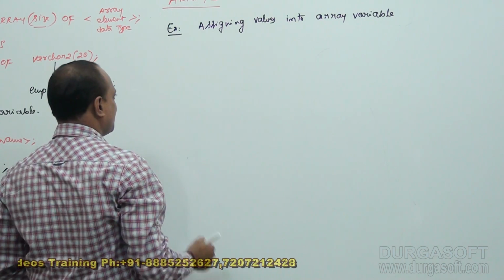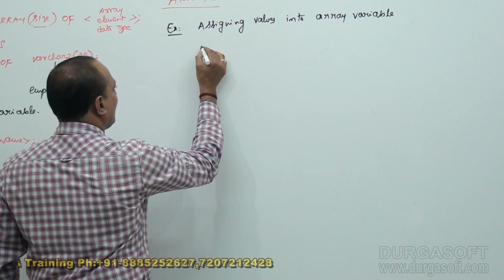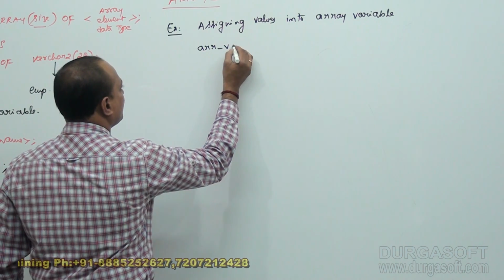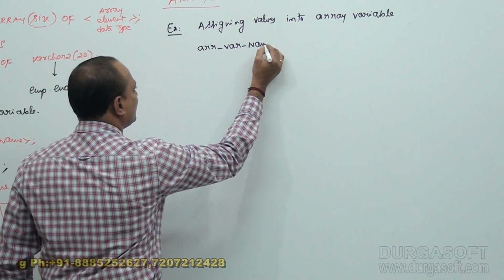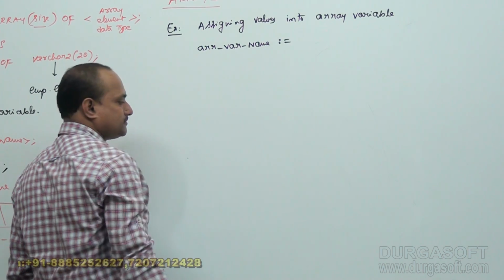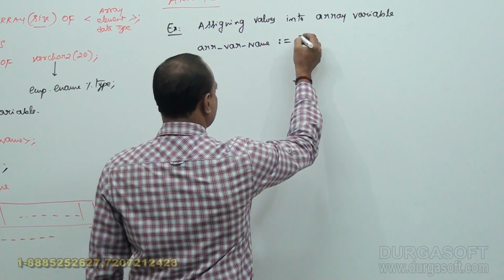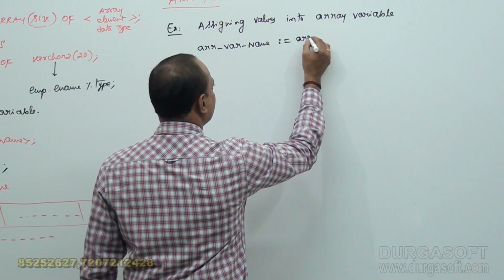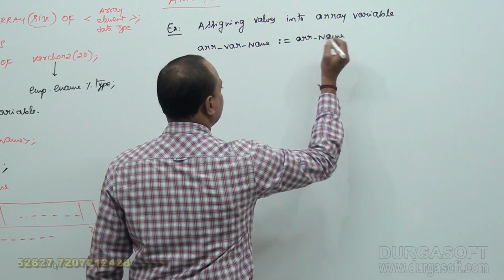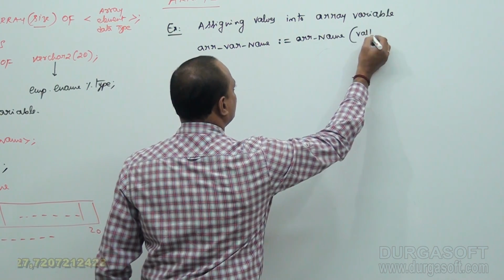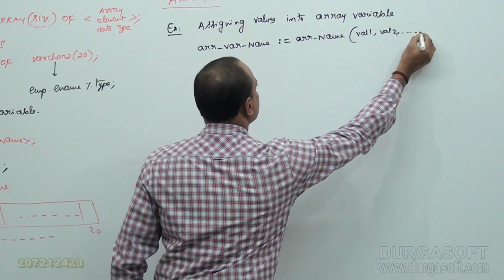So how can I assign? Here array variable name, assignment operator is equal to, here array name and value 1, value 2 and so on.